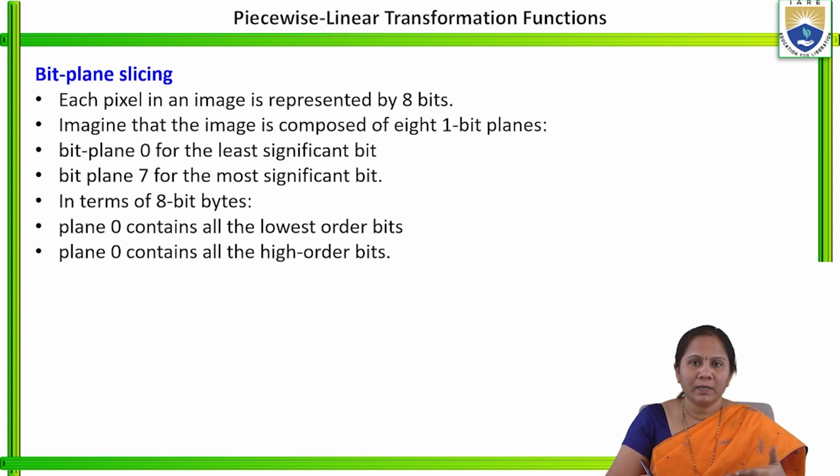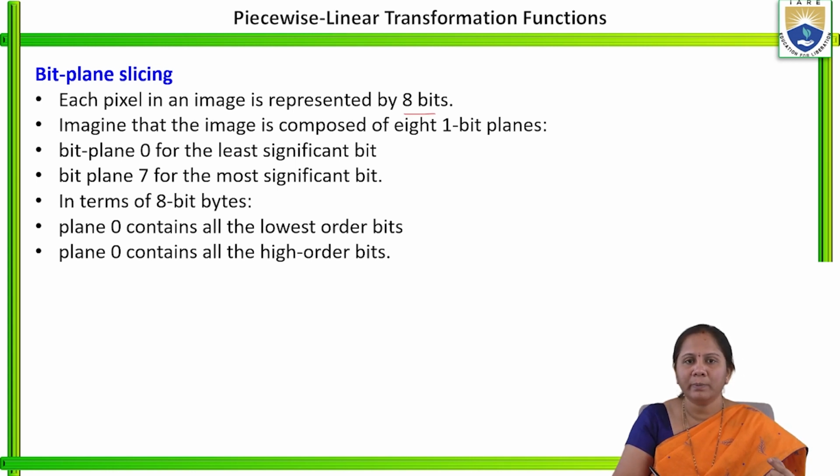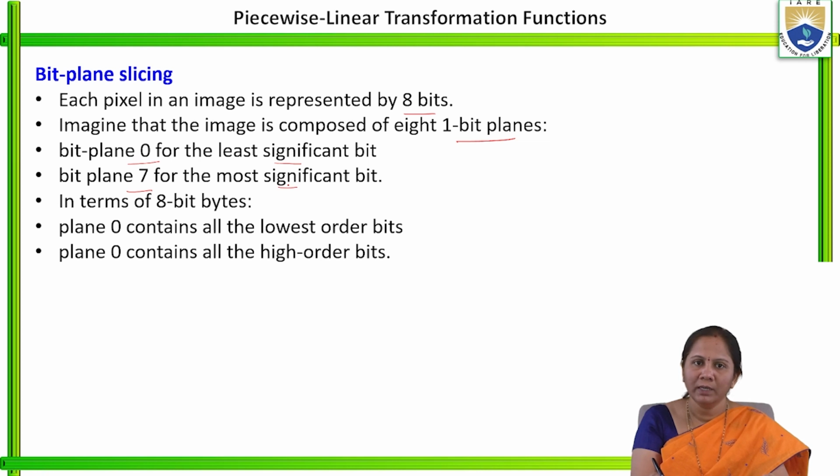Now, as we have explained in the example, if we consider any 8-bit image, each pixel will be represented again with 8 bits. So each bit will be allocated to one bit plane. Bit plane 0 will be holding the LSB, least significant bit. Bit plane 7 will be holding the MSB, which is the most significant bit.